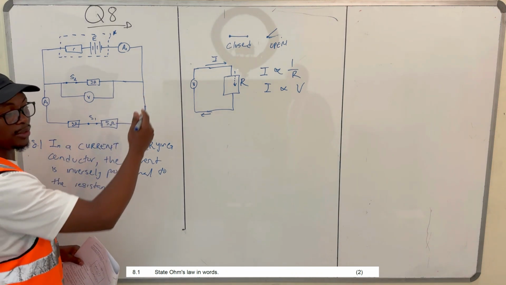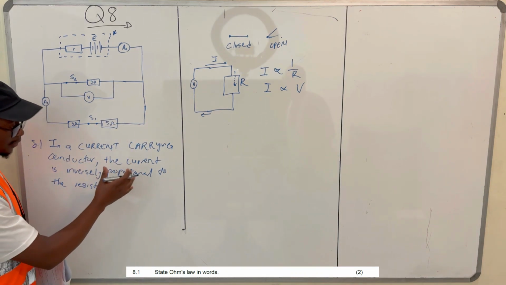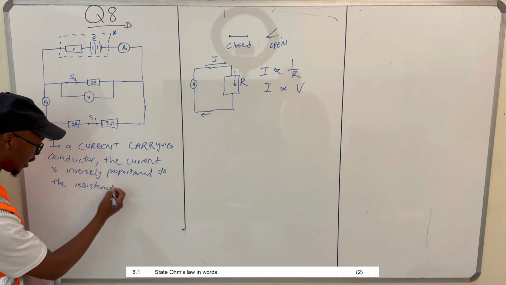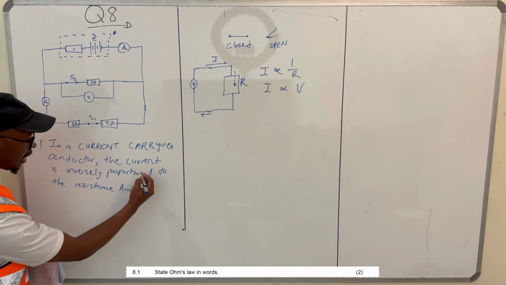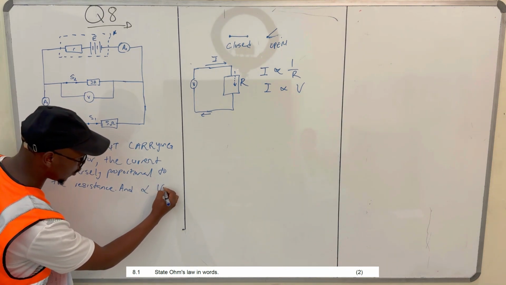It can be the resistance of that conductor or the resistance of whatever is connected to that circuit. Okay, to the resistance and directly proportional to the voltage.